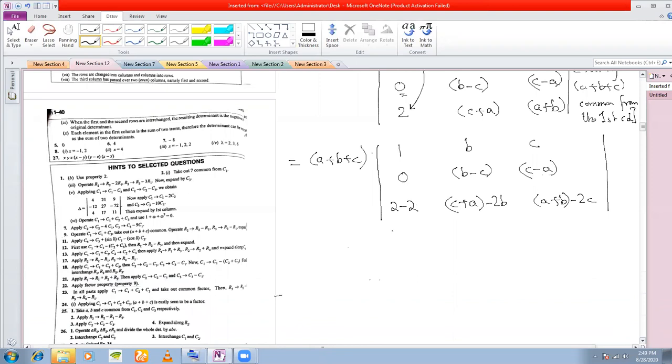What is the step here? Subtracting 2 times the first row from the third.